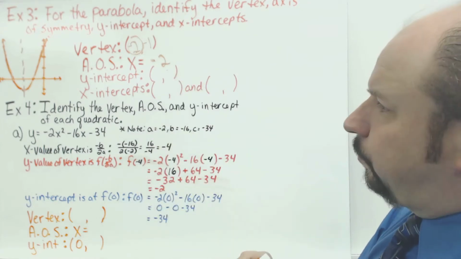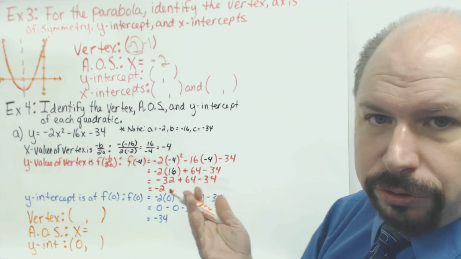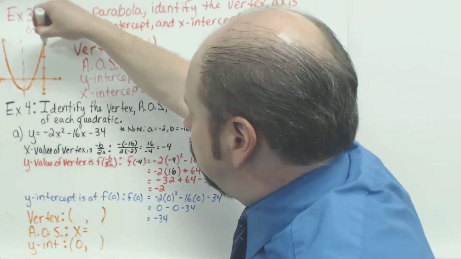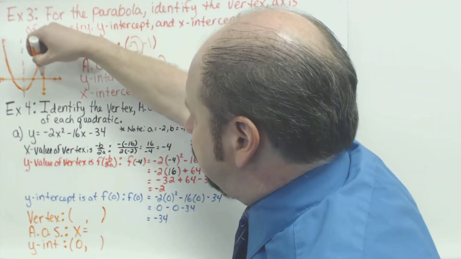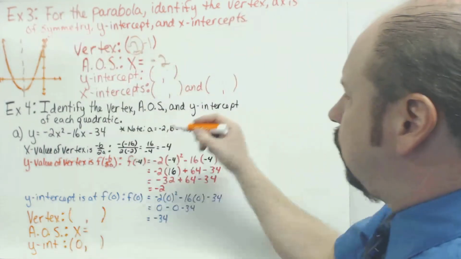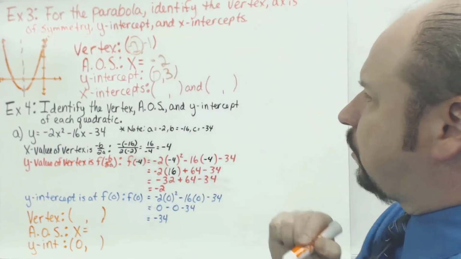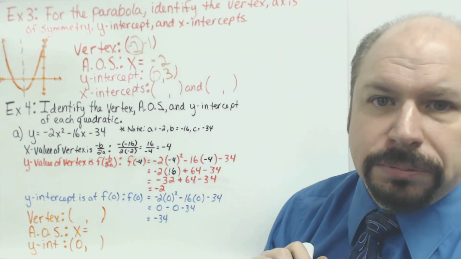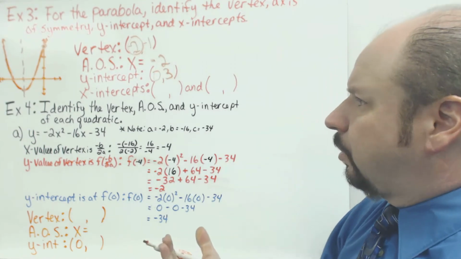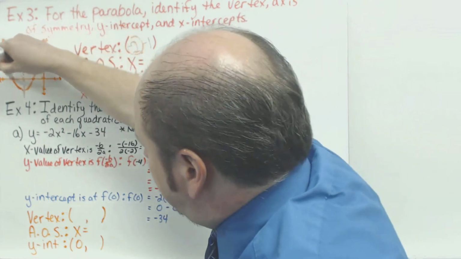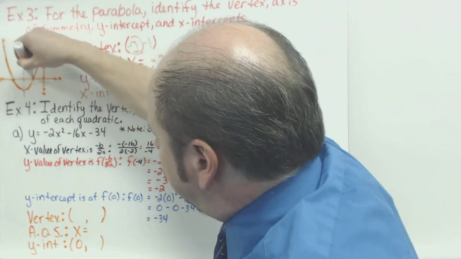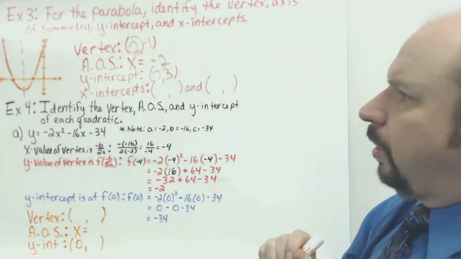The y-intercept, if you take a look at the graph, where the graph crosses the y-axis, is right here. So that is 1, 2, 3. So it is 0 in the x direction, 3 in the y direction. So it's (0, 3). And our two x-intercepts, we have one located right here, one located right here.